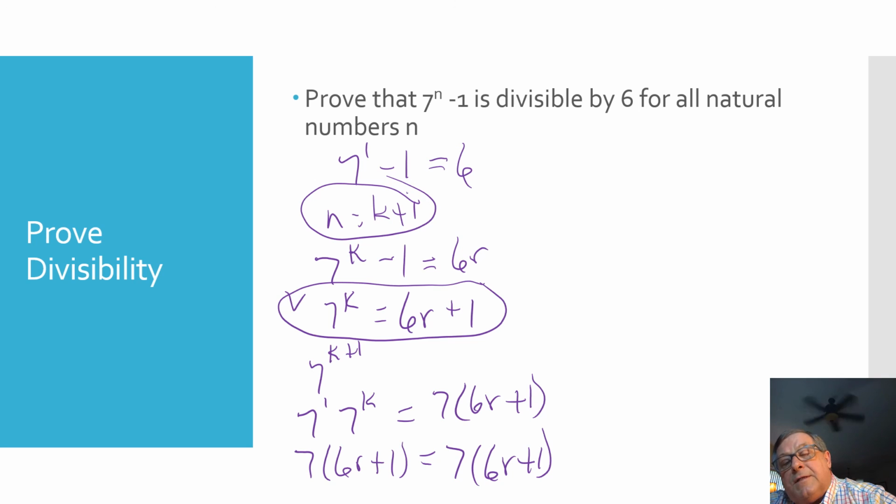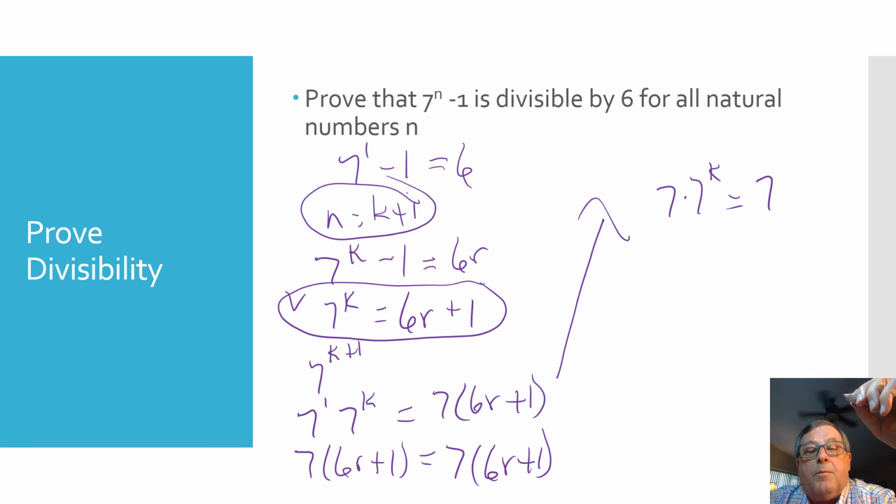Now, I could even go about this another way. How about if I did it like this? We got 7 times 7^k equals 7 times, what did we say 6r plus 1 equaled? Well, it equals 7^k, 7 raised to the power of k, I should say. And so these are reflective.